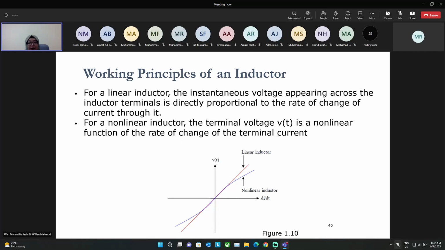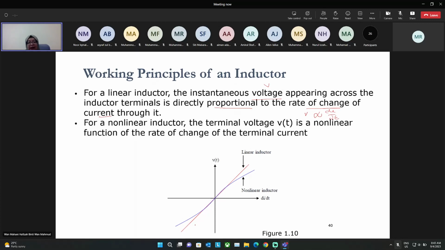Okay, so dia nak bagi tahu kat sini, voltage adalah proportional to the rate of change of current. Rate of change of current is dI/dt. So instantaneous voltage V lah. V adalah proportional to dI/dt. Okay, and for a non-linear inductor, terminal voltage is a non-linear function lah of a rate of change.